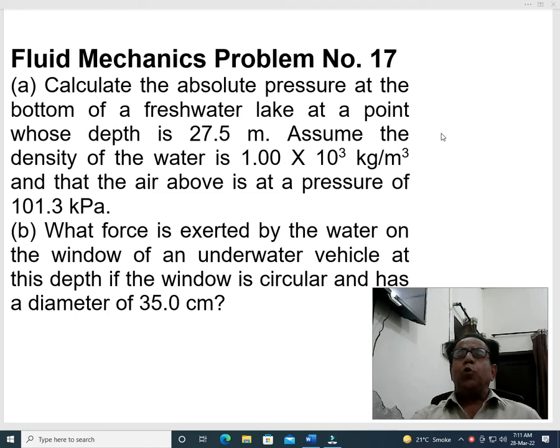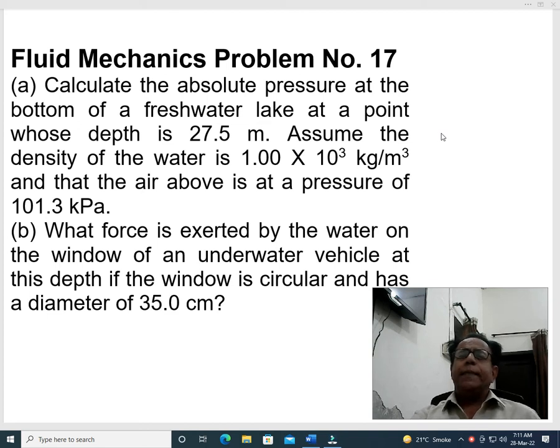Calculate the absolute pressure at the bottom of a freshwater lake at a point whose depth is 27.5 meter.